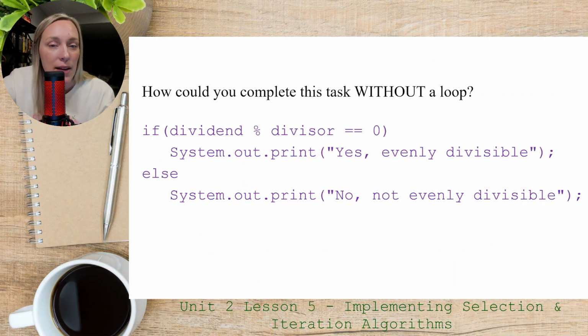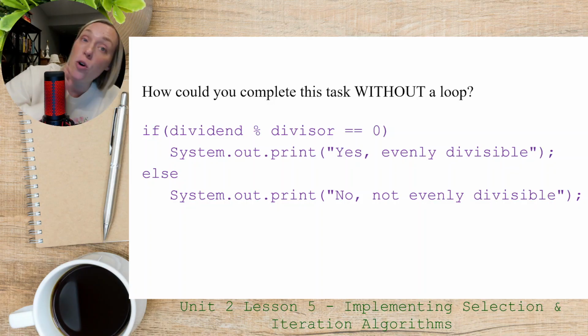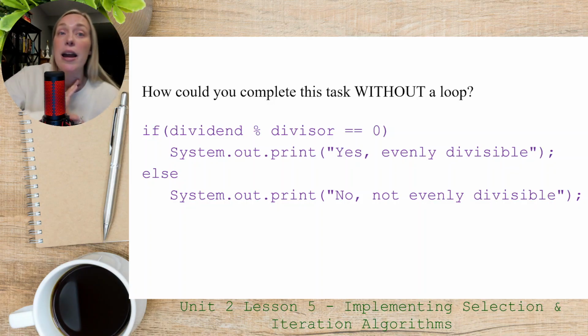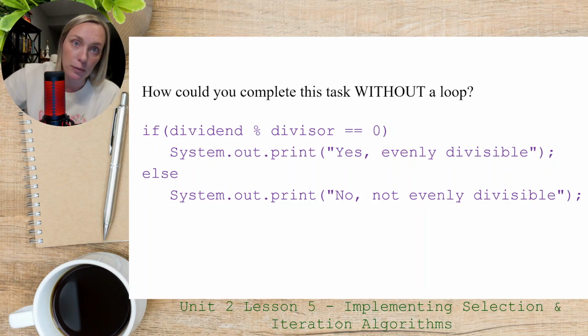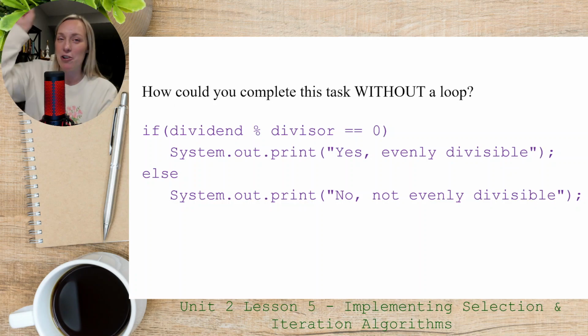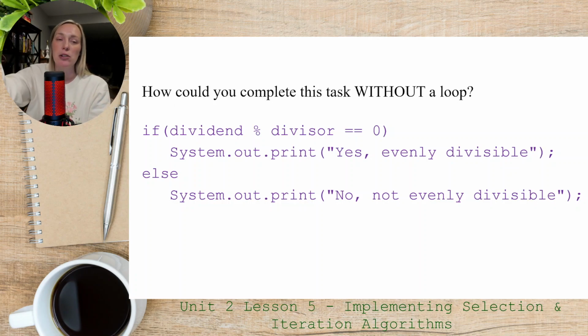Dividend mod divisor, we have it. But we want to make sure that we can start applying these algorithm techniques to code that we can understand. And then we can, like I said, upscale it to these larger projects we're going to do. All right, that's algorithm 1. And here's the way to do it without a loop, with the mod operator.